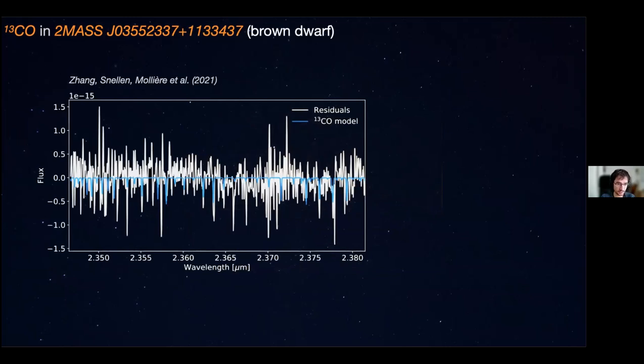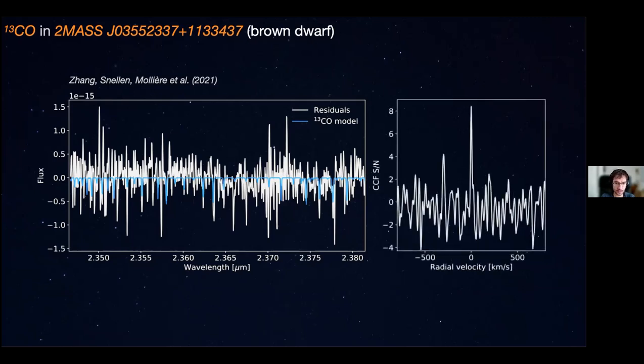Again, you see the residuals here when leaving out 13CO and then the 13CO model overlaid on top of that. Using the retrieval approach, but also a cross-correlation method that sums the signal of individual 13CO lines, we got an 8 sigma detection of 13CO in this case.